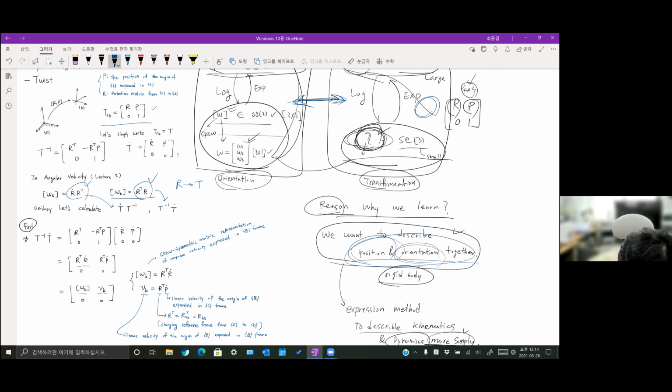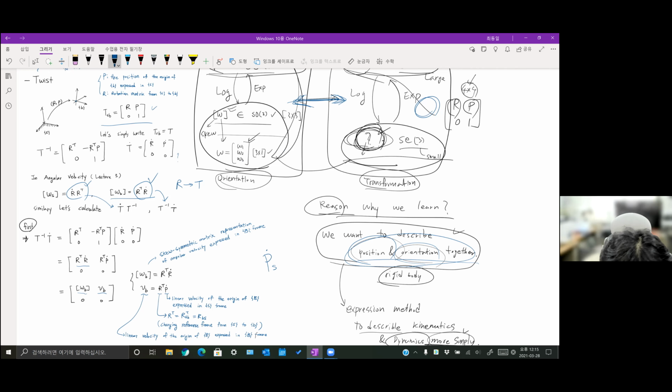It means P dot. And P dot is expressed in the S frame, based on the S frame. So P dot is P_S, something like this.